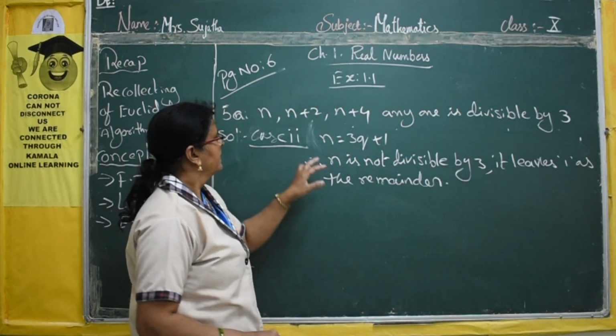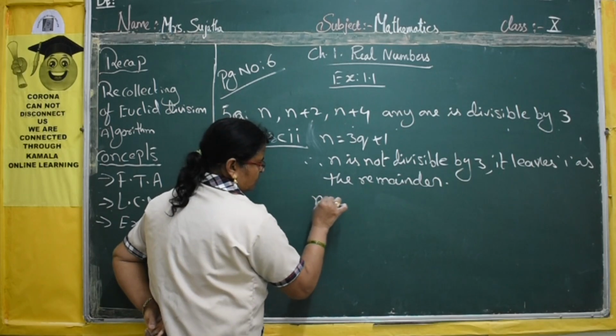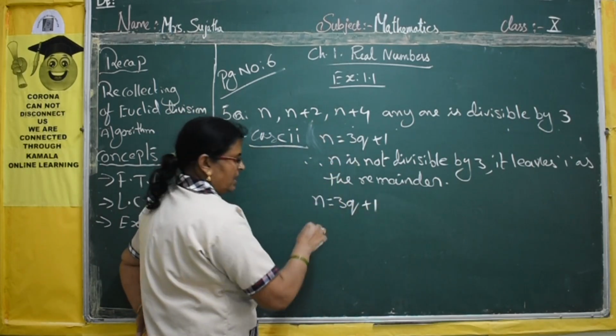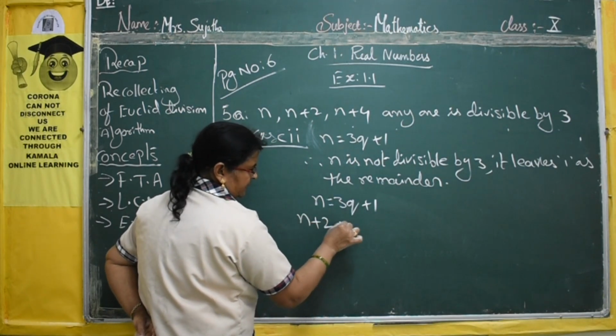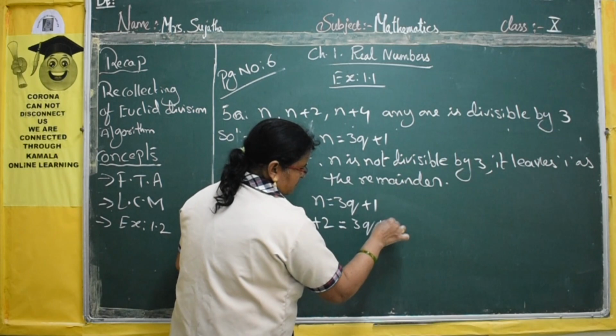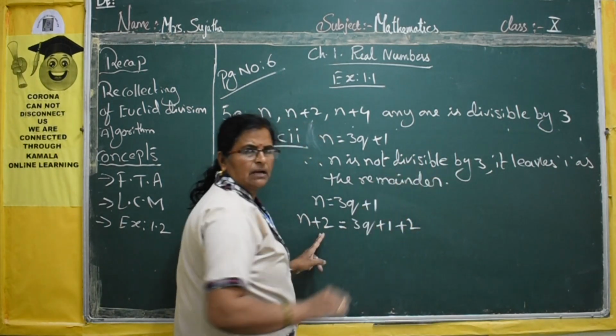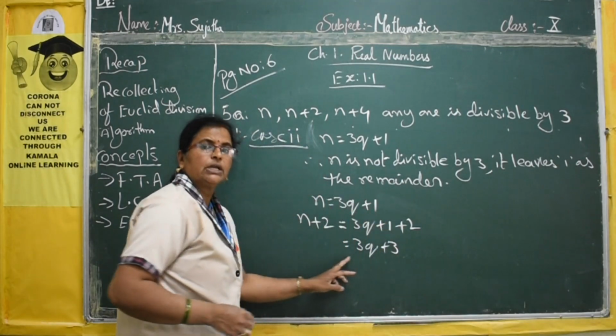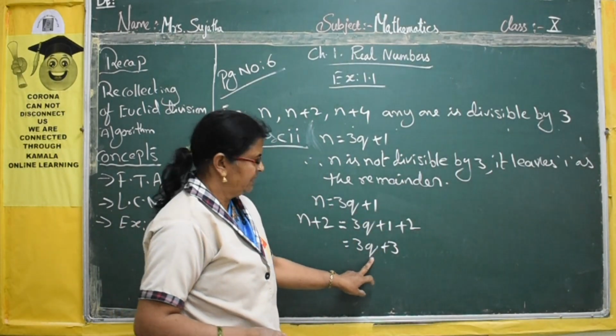Okay. Now n is equal to 3q plus 1. Second one, n plus 2 we have to take. So plus 2 we are adding. So n plus 2, n value is 3q plus 1, again plus 2 will come. Now 3q plus 3. Will 3q plus 3 be divisible by 3? Yes. Why?